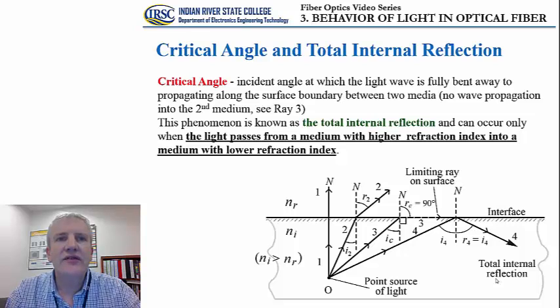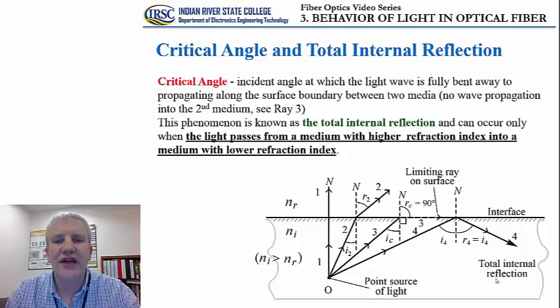As the angle of incidence becomes larger, for example moving from light ray 2 to light ray 3 to light ray 4, the angle of refraction also gets larger, and ultimately the angle of refraction is going to approach 90 degrees.